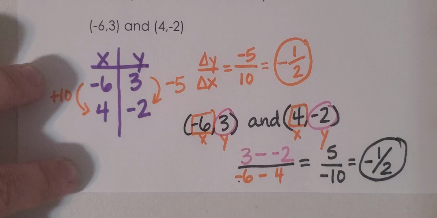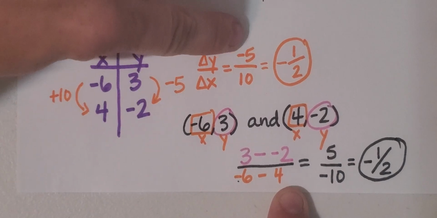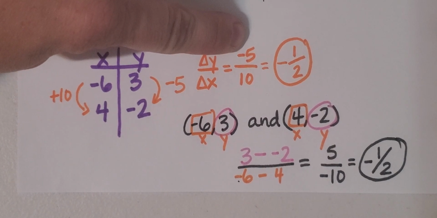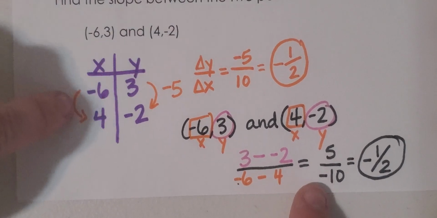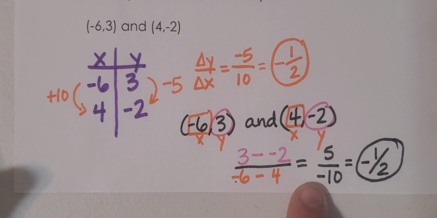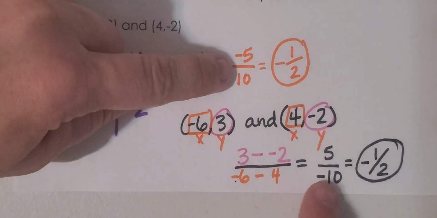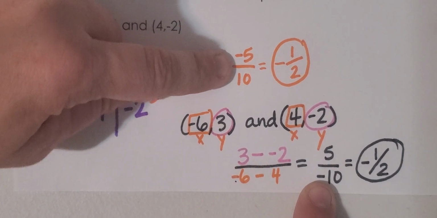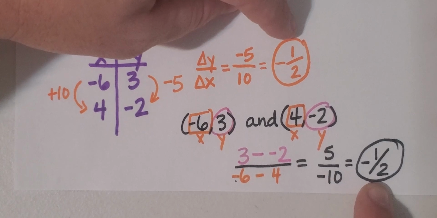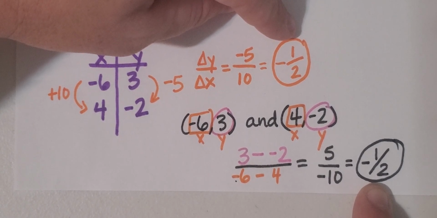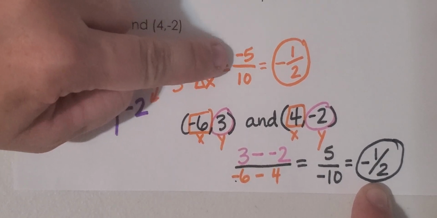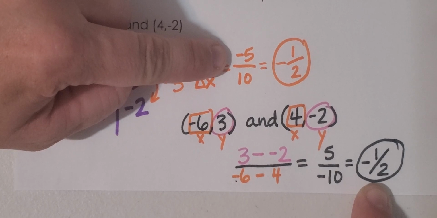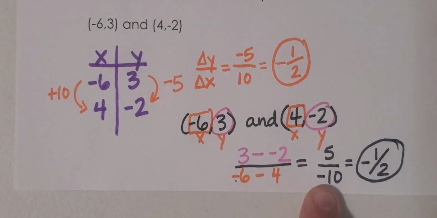So even though I had a negative 5 over 10 on this fraction, and then I had a positive 5 over negative 10 on this fraction, if I typed both of these fractions into my calculator, I would still get a negative 1/2 as my answer. So it doesn't matter if my negative number is on top of my fraction or if it's on the bottom of my fraction.